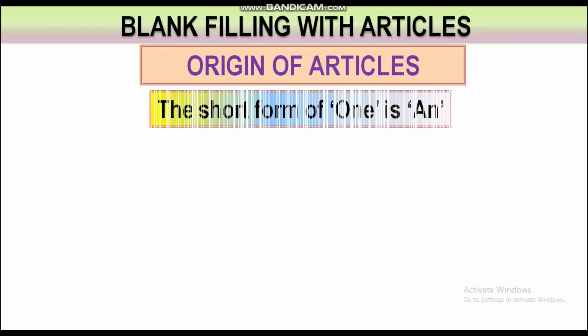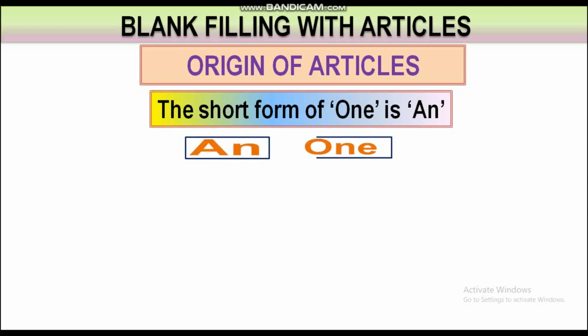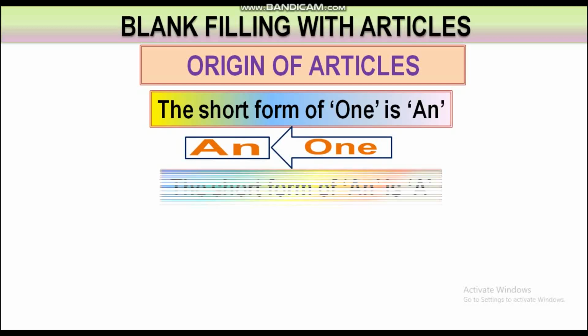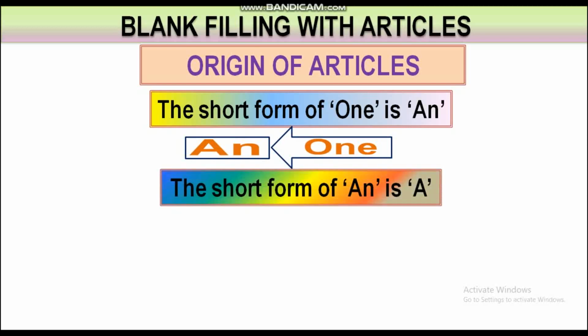Let's know the origin of articles. That is, where the articles a, an, and the come from. The short form of one is an. I mean, article an comes from the word one that belongs to adjective. The short form of an is a.